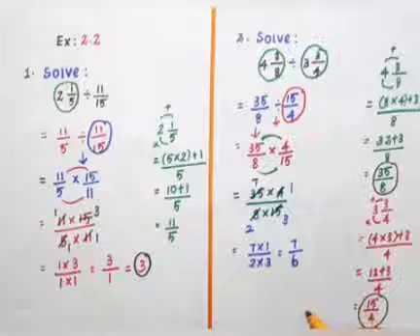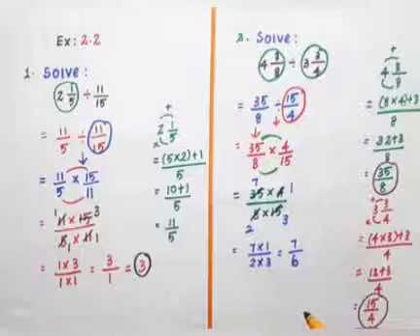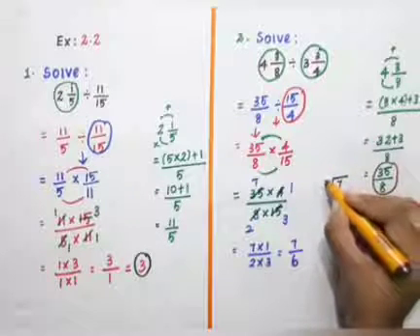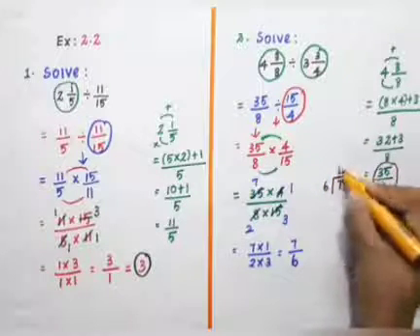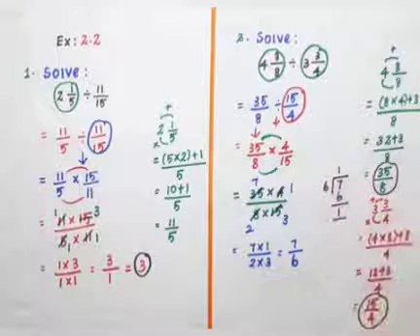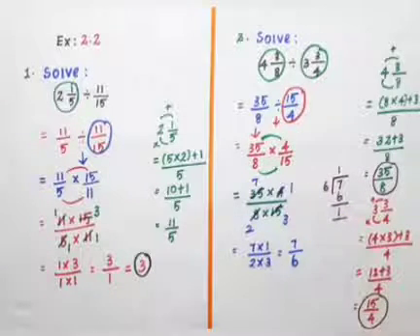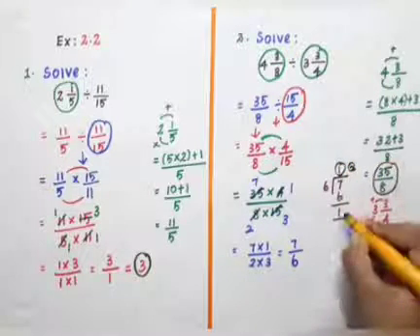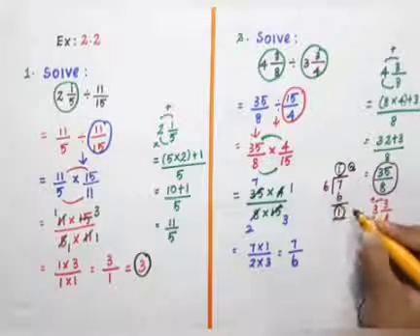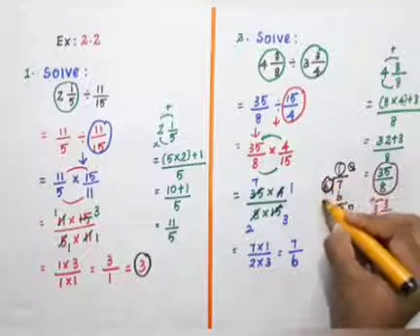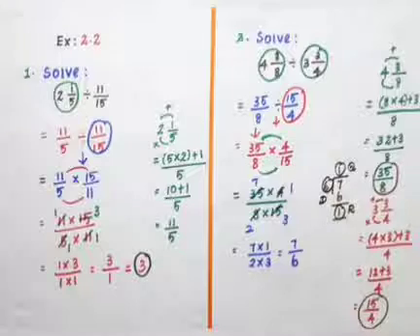For that we can divide 7 by 6. 1 times 6 is 6. The remaining is 1. Here 1 is the quotient, this 1 is the remainder, and 6 is the divisor.